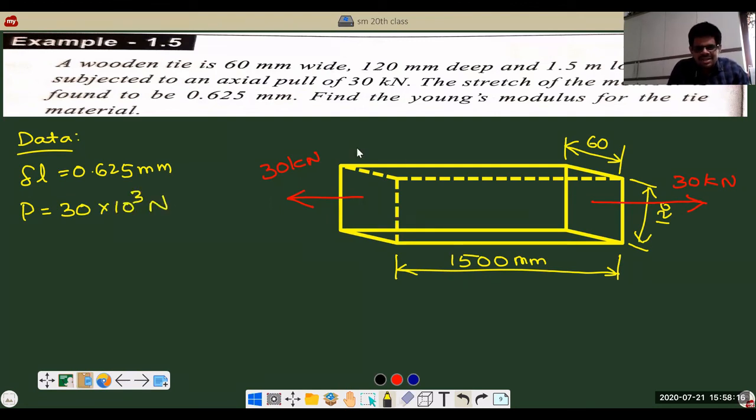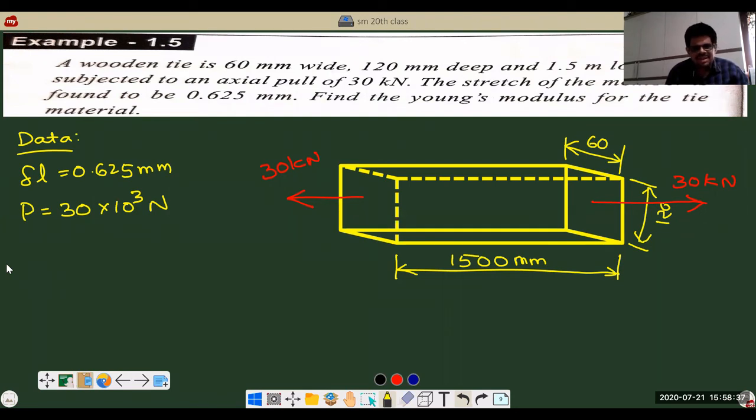What is the Young's modulus of the tie material? That is what he is asking us. So how do you get this? We know that Young's modulus is equal to stress by strain.